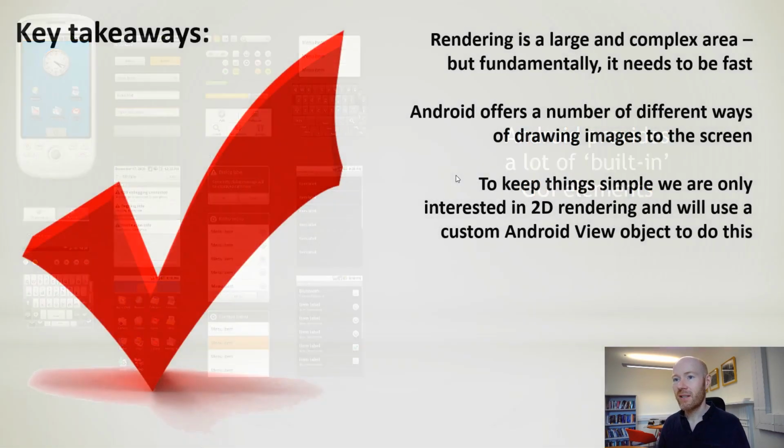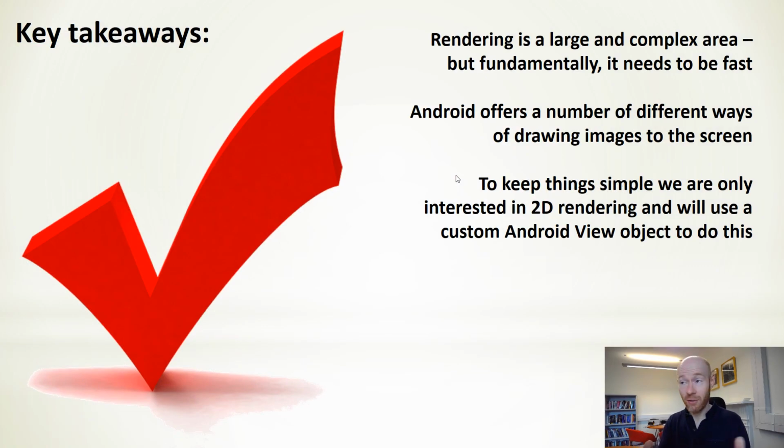To bring this first part of the exploration into graphics to an end, a few takeaways. Important thing to remember: rendering, drawing, be it in a 2D or 3D game, is a very large, very complex, fascinating area, but fundamentally one of the things we want is to make sure we do it fast. Doesn't matter what we're doing, we want it to be fast.